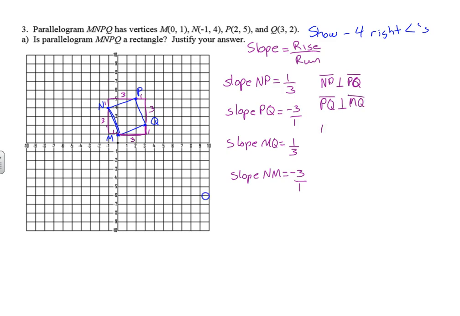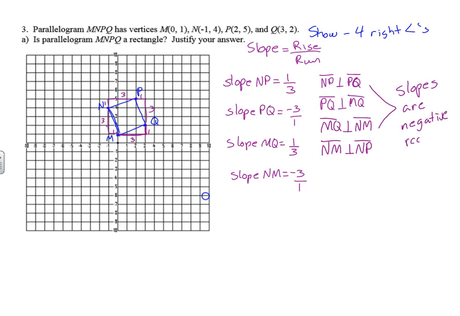MQ is perpendicular to NM. And NM is perpendicular to NP. I just went around and did all of it, all for the same reason. Their slopes are negative reciprocals.